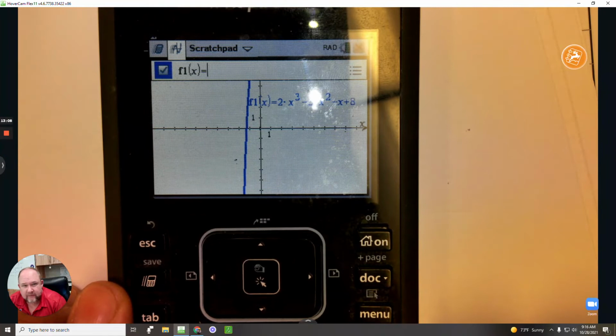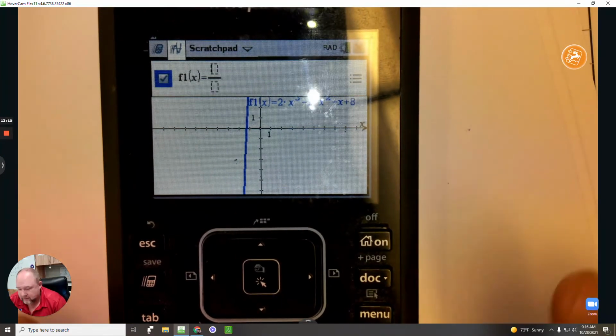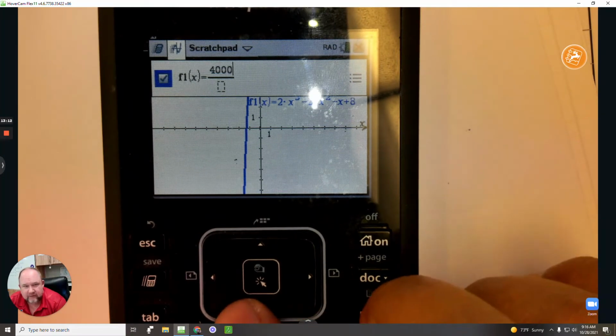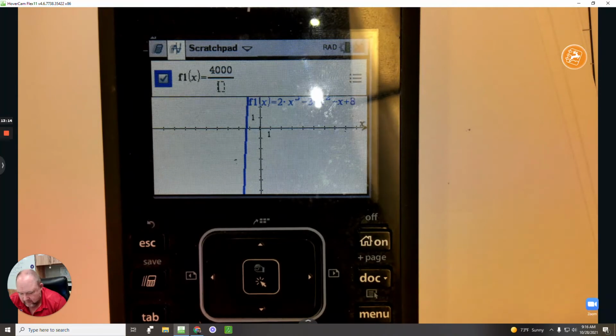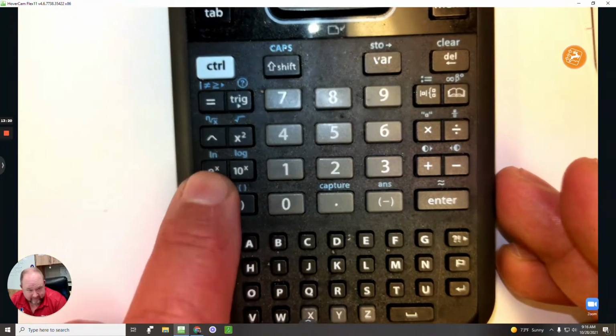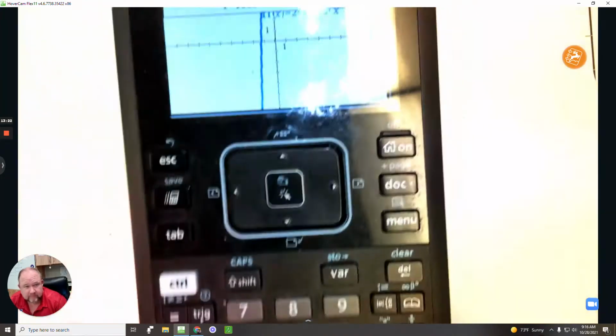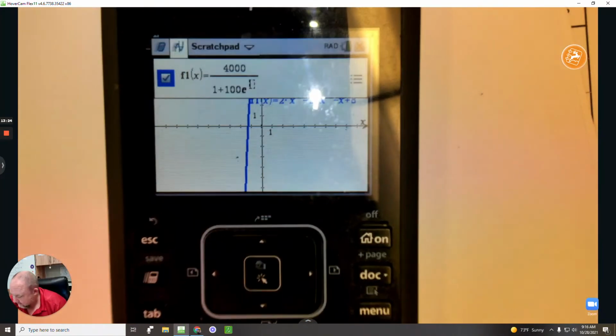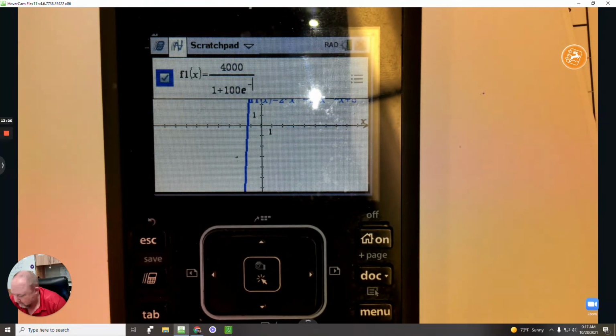I'm going to go control divide for a fraction, and then 4,000, and then 1 plus 100 E, not the E on the alphabet, this E. That's a number. To the negative 0.5x. Make sure I typed it in right.